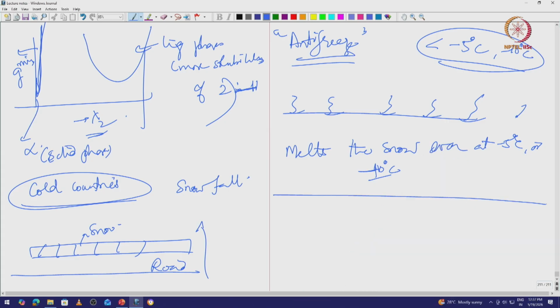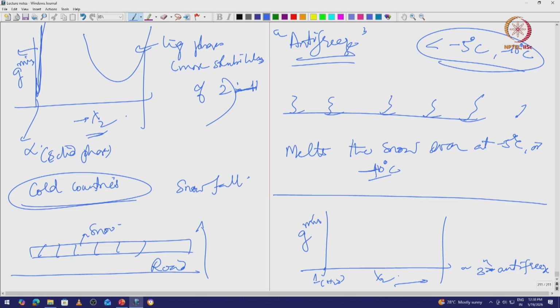So I am going to say, let us look at a classic case of this phase diagram, or this G versus X2 that I have drawn, G mix versus X2. Now X2 is the content of antifreeze, 2 is my antifreeze or some salt, okay, and 1 is my water, right.